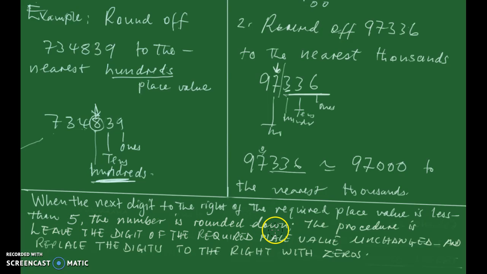The number is rounded down. The procedure is to leave the digit of the required place value, so leave 7 the way it is, unchanged, and replace the digits to the right with zeros. That's what we did.